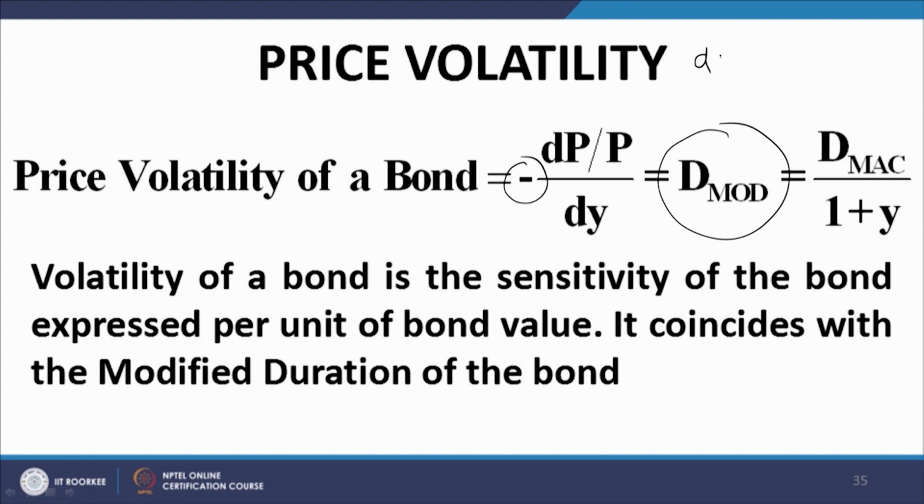We had dP/dy equal to minus D mod into P. So, if I bring this P over here, what I get is (dP/P) divided by dy equal to minus D mod. That is precisely this formula. So, the volatility of a bond is the sensitivity of the bond expressed per unit of bond value. It coincides with the modified duration of the bond.